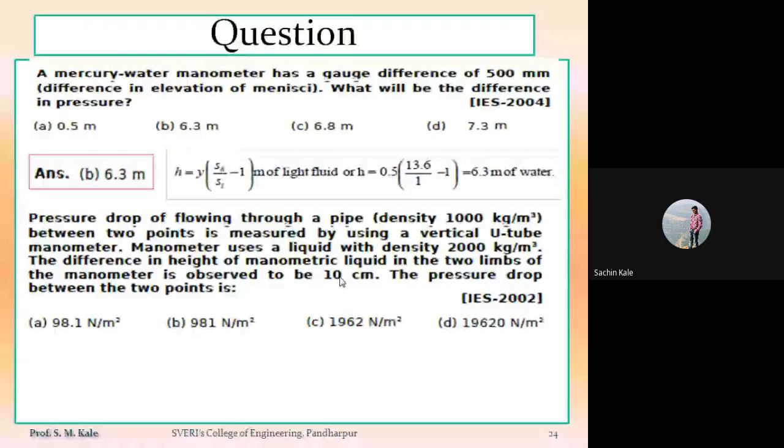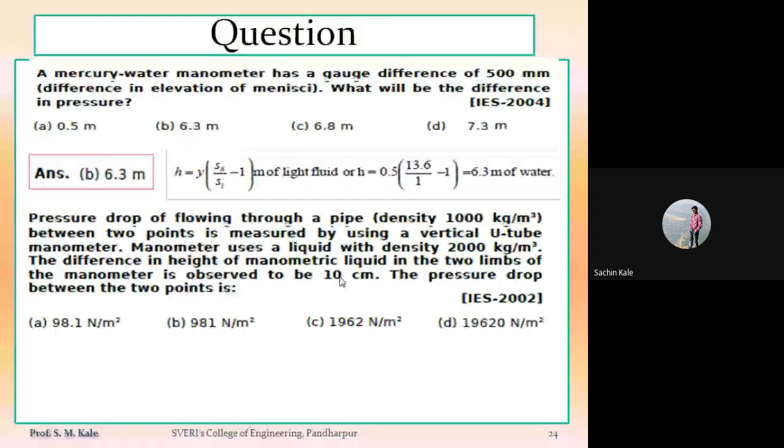So the same method we have to use here also. As they have provided the value of x, based on the value of x, first of all we need to calculate the value of h. And after calculation of the value of h, we are able to calculate the pressure head or pressure difference P1 minus P2.